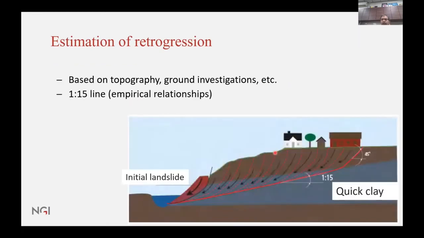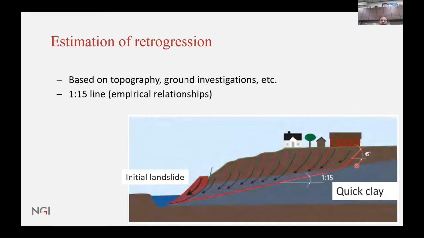When it comes to the estimation of the distance of retrogression, we can base that either on sampling and soundings that are in the surroundings, and by looking at the bedrock thresholds and the topography. And if this is not possible, then what we do is, again, through empirical methods, we will draw a line that is 1 to 15, a slope.